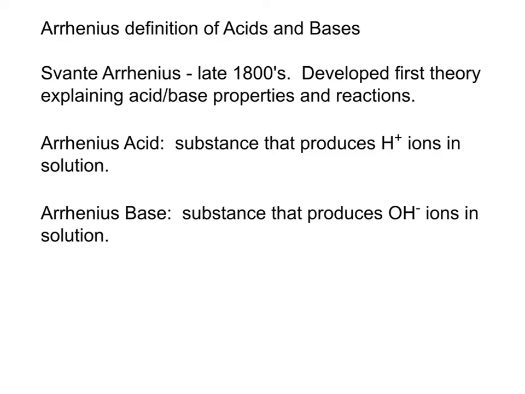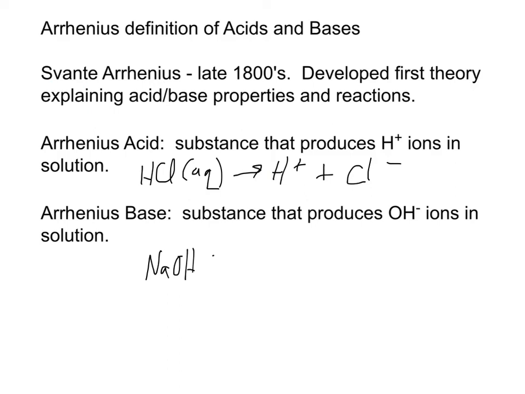So HCl, when it was aqueously dissolved, would produce H+ ions in solution. That would be his definition of an acid. And for a base, if he took sodium hydroxide and put that in an aqueous solution, he would expect to see OH- ions, and that was his definition of a base. That's how simple the Arrhenius definition is.